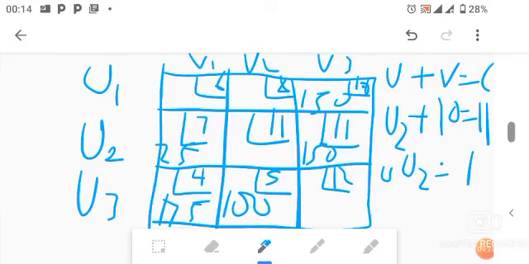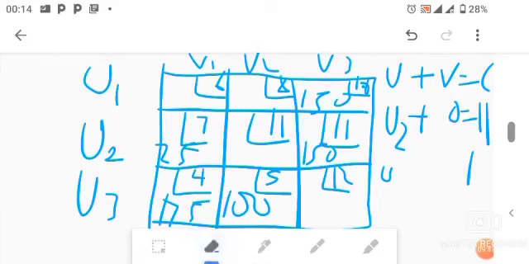So as I said, v1 can be found with the help of u2. Our general formula is u plus v is equal to the cost. What is the cost in that box which corresponds with v1 and u2? The cost in there is actually 7.